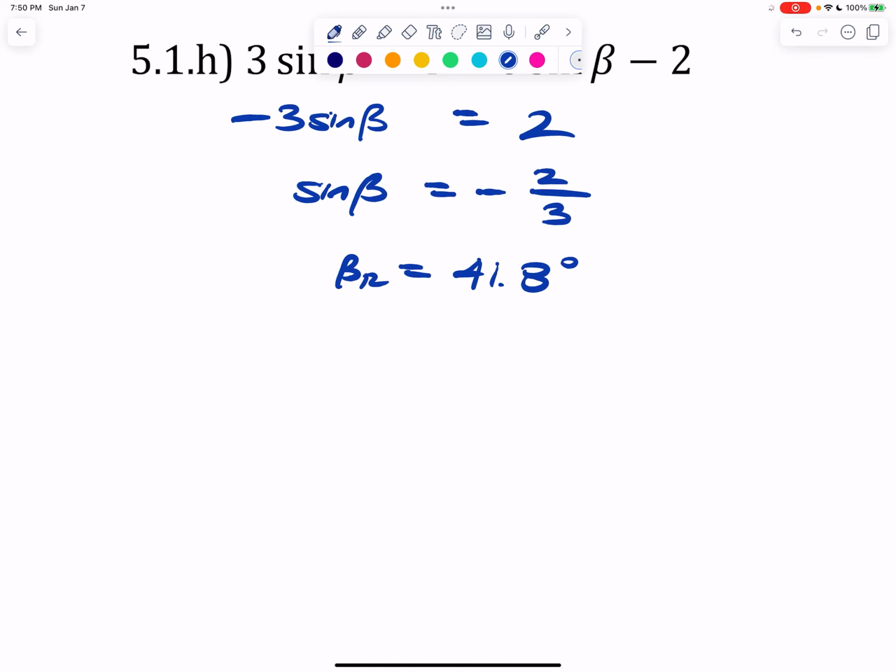Our answer must be wherever sine is negative. The sine ratio is negative when we are dealing with quadrants 3 and 4. So beta itself, the angle, can be the quadrant 3 version, or it can be the quadrant 4 version.